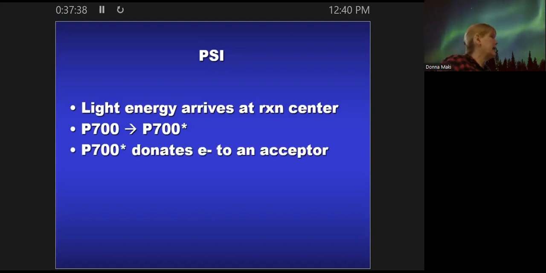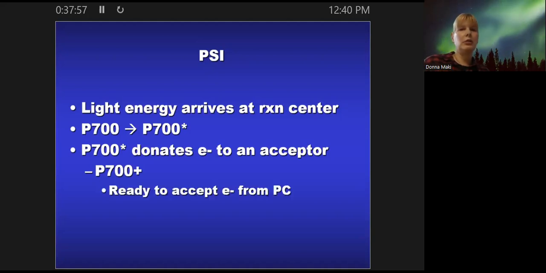And then that excited electron, hopefully, is going to get donated off to an acceptor. And again, then we say, if that happens, then that chlorophyll is missing an electron. So it's P700 plus. That's how you would write it. Now, plastocyanin can come along and do its job, which is to give an electron to that chlorophyll in the reaction center.